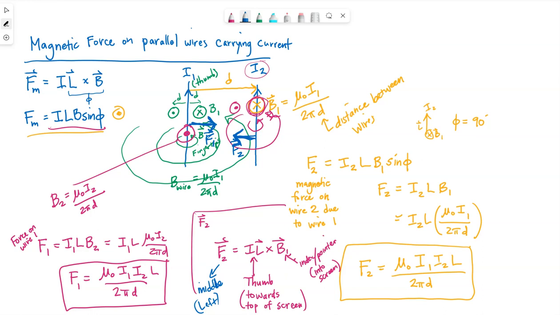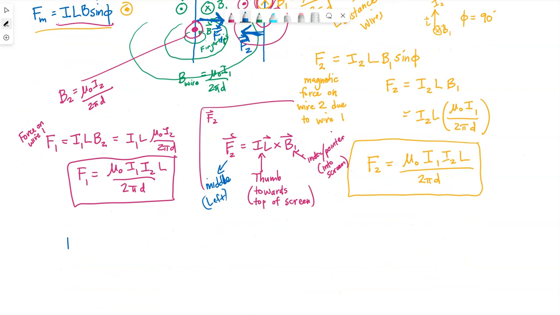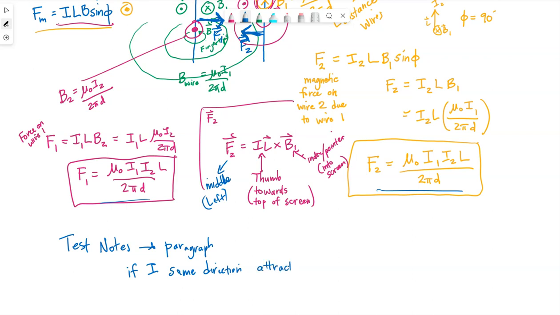Now, conveniently, in the text notes, if you read the paragraph right above these equations, it tells us that parallel wires with current moving in the same direction, like I just drew, attract each other, which is what we just saw using the right-hand rule.